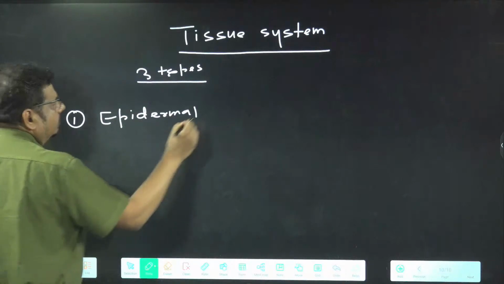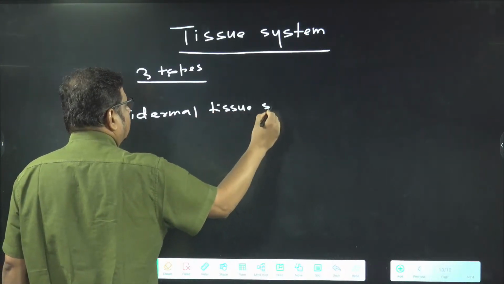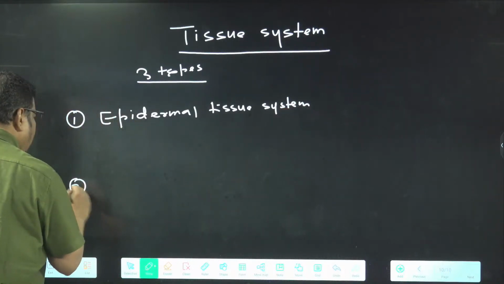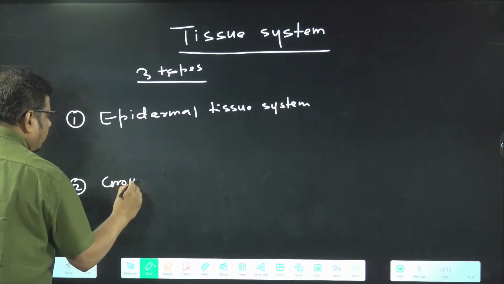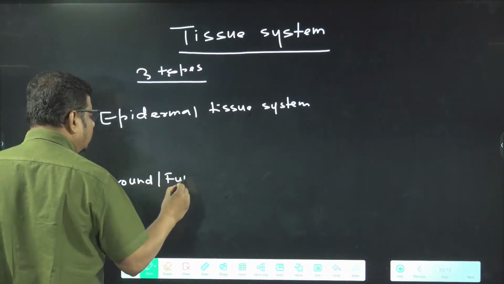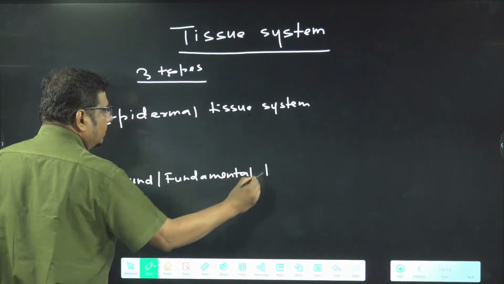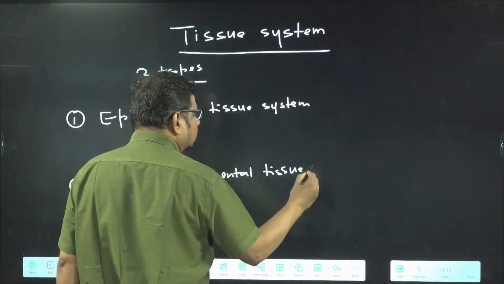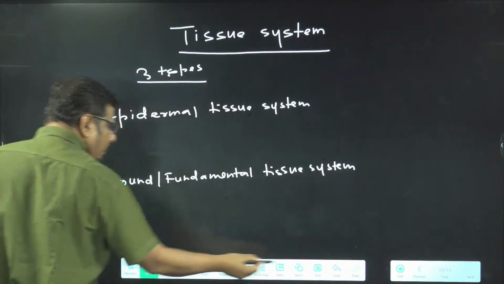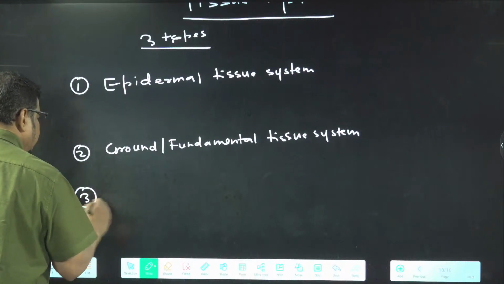The second one we will discuss is the ground tissue system. In many places it is written ground or fundamental tissue system. And the third type of tissue system we will discuss is the vascular tissue system.